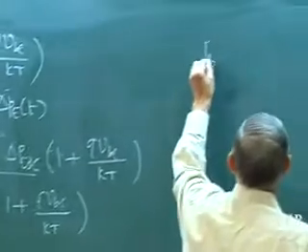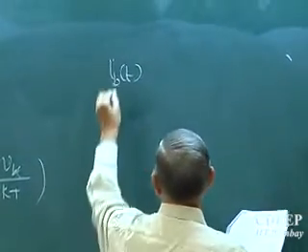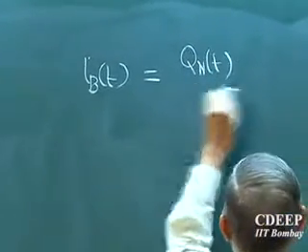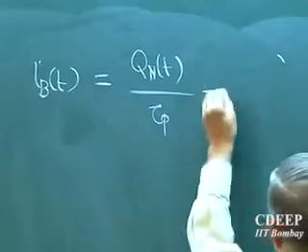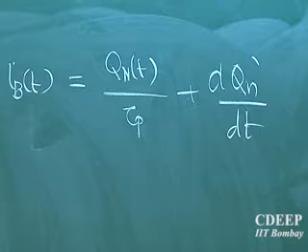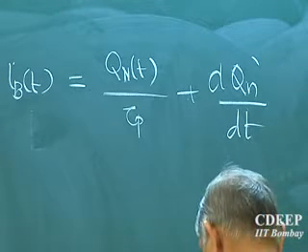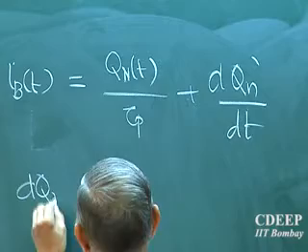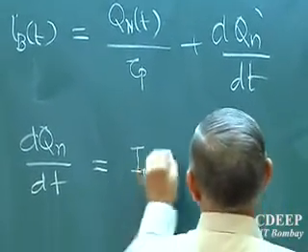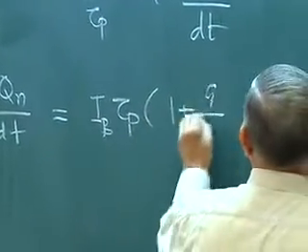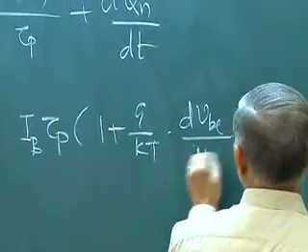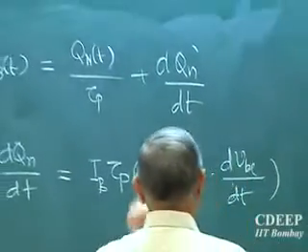So if I now write IBT, or capital IBT, let's say, then Qn total divided by tau p plus delta Qn by dt, उसको dqn by dt कर सकते हैं वो एक्सप्रेशन से, then that gets IB tau p 1 plus q by kt dVb by kt dV by dt. 1 का तो डिफरेंशियल नहीं होगा ना, सॉरी.